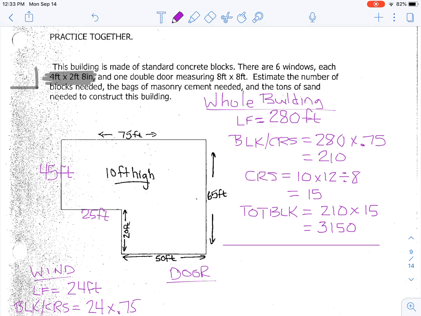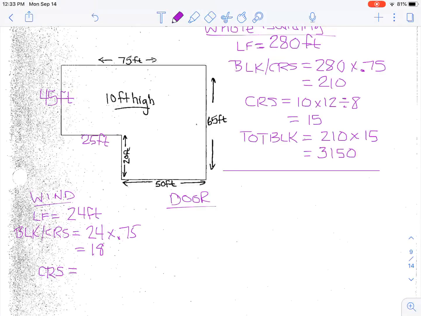So there would be 24 inches right there. Plus 8 would be 32 inches, right? And then we're going to divide it by 8 because a standard block is 8 inches.